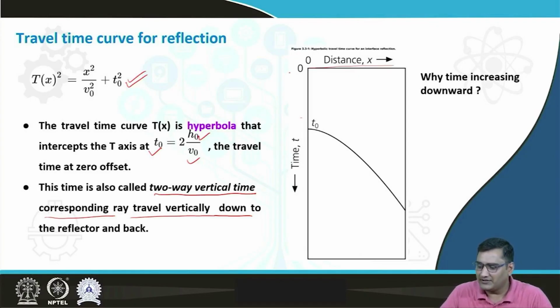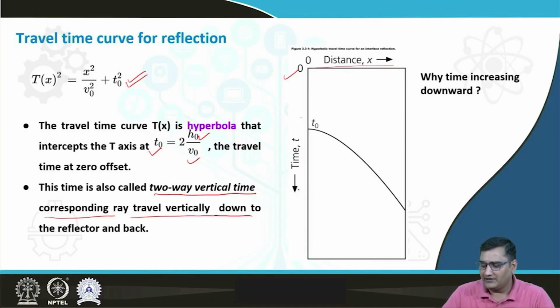So it will basically correlate well with the data that we have in the real earth situation. In case we have 0 at the top and the time is increasing downward, then we can correlate it well with the different interfaces that we will encounter in the real earth data.